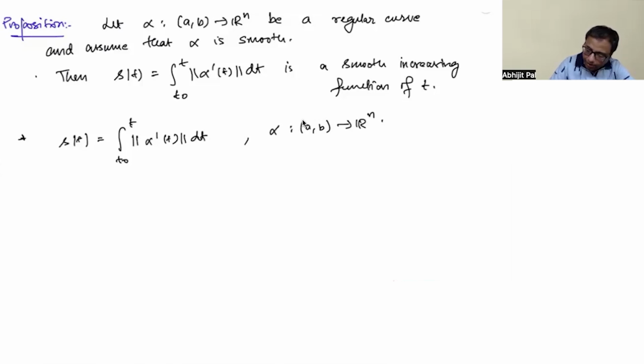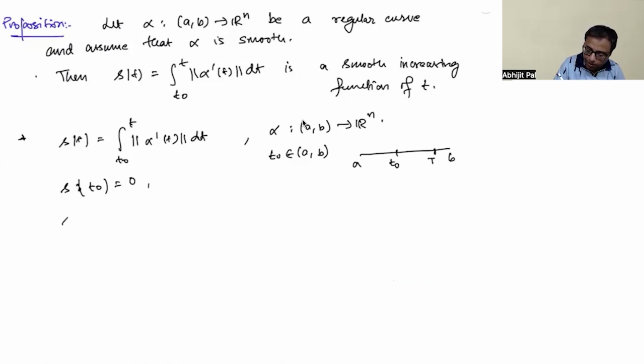Okay, and so let us take T0 in this interval, and let us take some point here, your capital T. Now note that S of T0 is equal to 0.